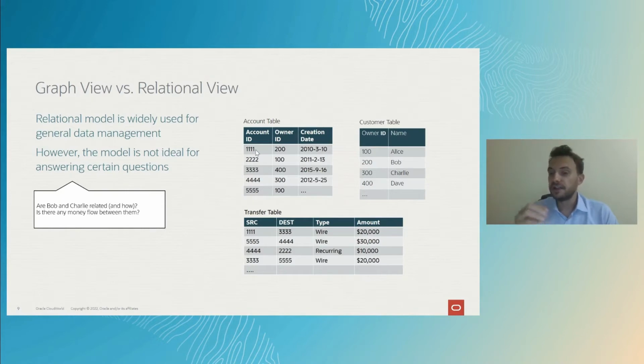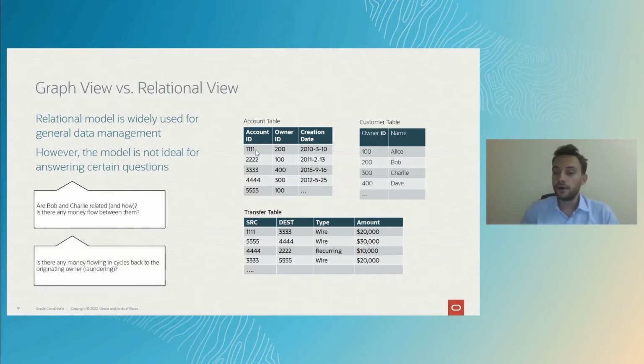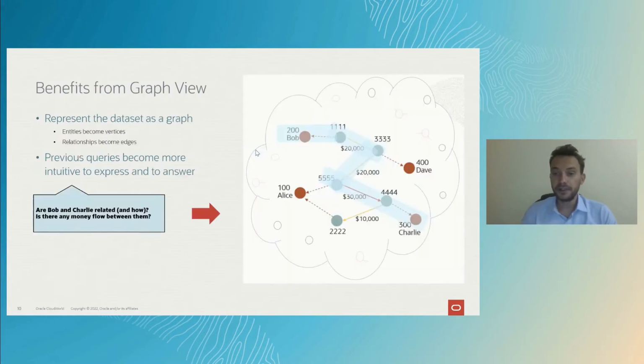And if yes, is there any money flowing between them? Or, is there any money originating from an account owner and then flowing back to the same account owner? If we just look at the data like this, and we try to answer these questions, they are not easy to answer. But if we model our data as a graph, you can see that we can immediately see the answers to those questions.